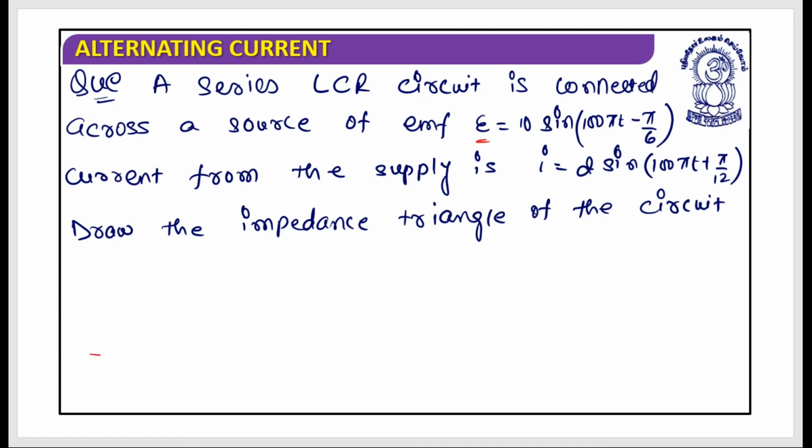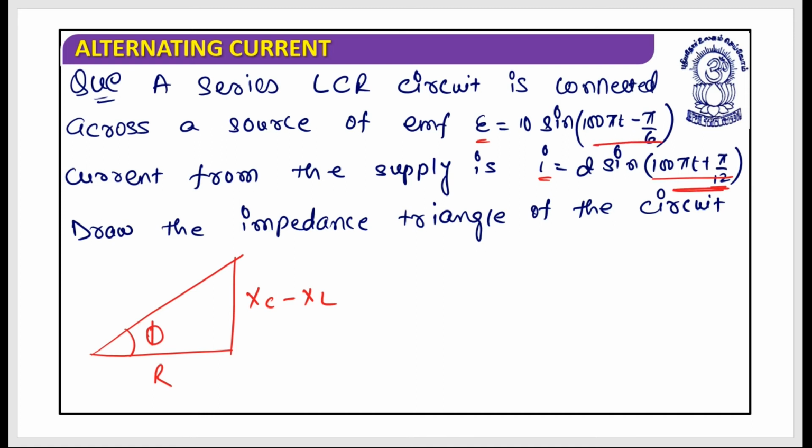So what I understand is that, let's suppose this is the situation. This is phi. This is R. Let's call this XC minus XL. How could I come to know that XC would be greater than XL? Look at this. This is the current, and the total angle is 100 pi t plus pi by 12. This is 100 pi t minus pi by 6.